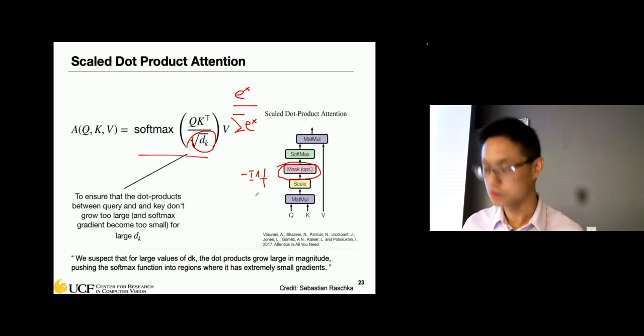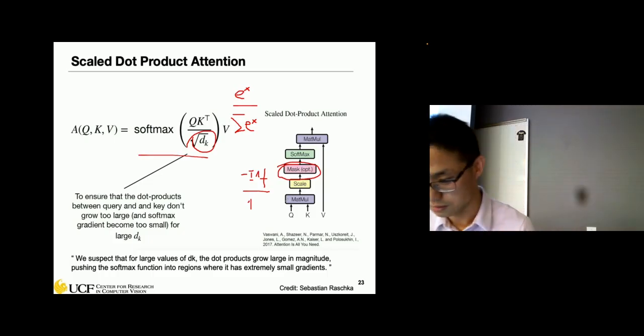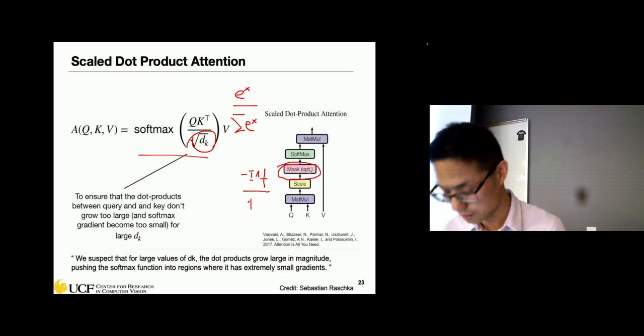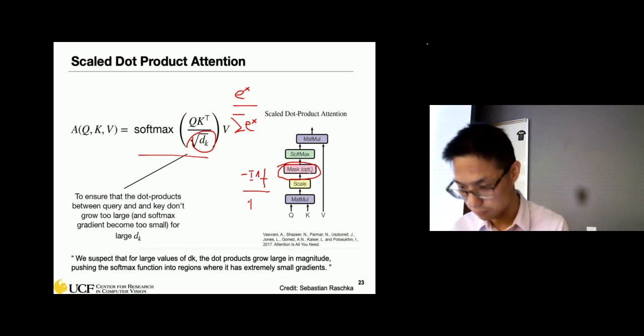And if it's a token in the sequence, you can use a mask value of 1 to indicate this is the actual token. But you use negative infinity to indicate this is actually being padded just for the sake of the same length. So when you do the scaling and the softmax, it will become 0. In that case, we are not considering that padding token. Okay, so that's how this mask is used in this process.